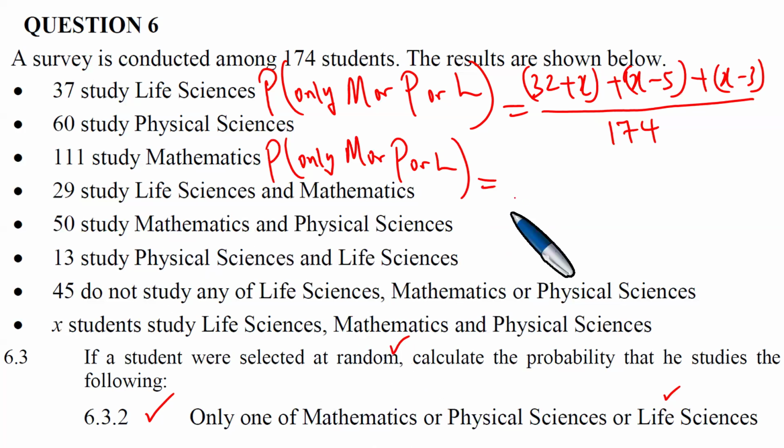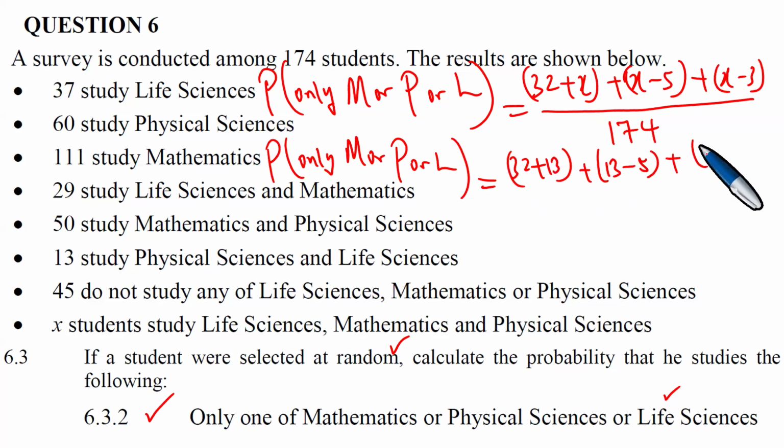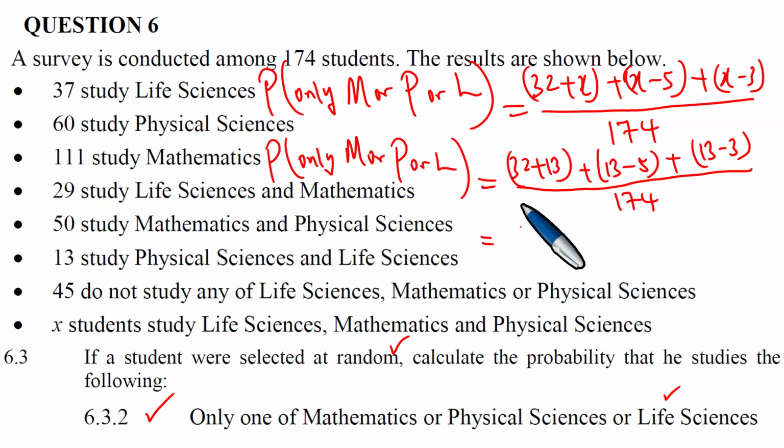So if x is 13, you're just going to be plugging in your numbers. You have 32 plus 13, 13 minus 5, 13 minus 3, all over 174. 32 plus 13 gives us 45, plus 13 minus 5 gives us 8, plus 13 minus 3 gives us 10, all divided by 174.